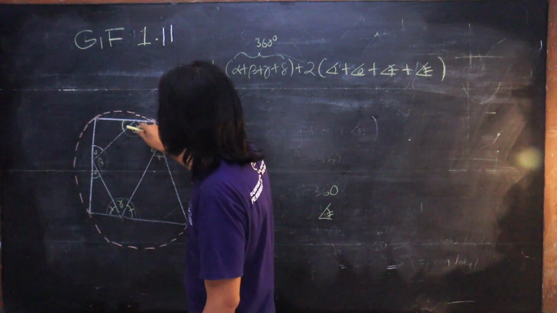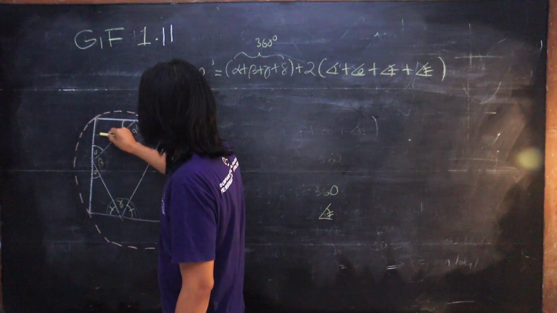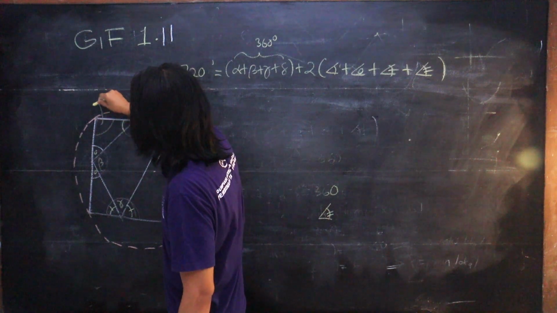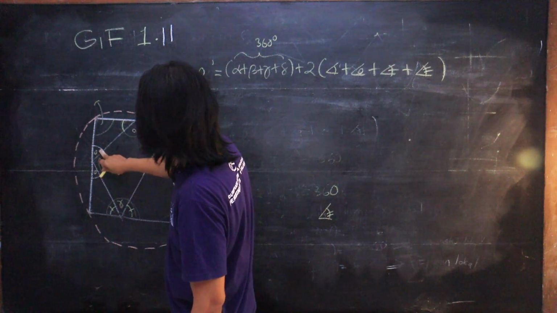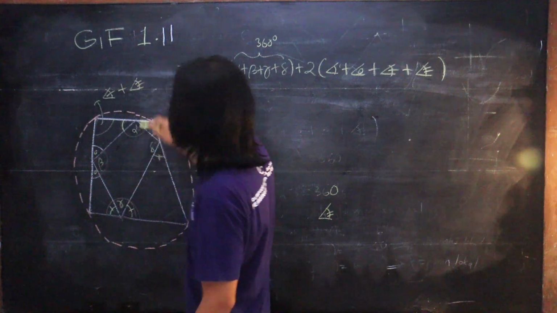So for example, since this is a triangle, then this angle must be the sum of the other two angles, which is this one and that one.